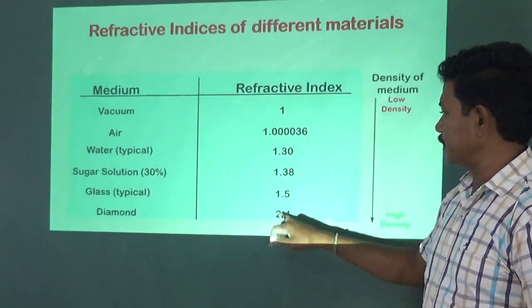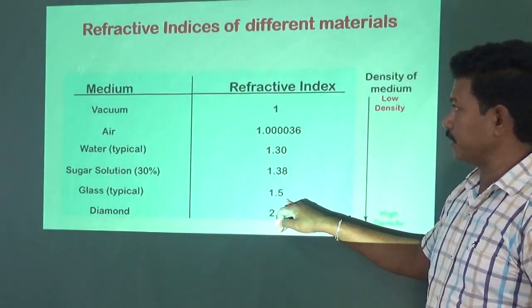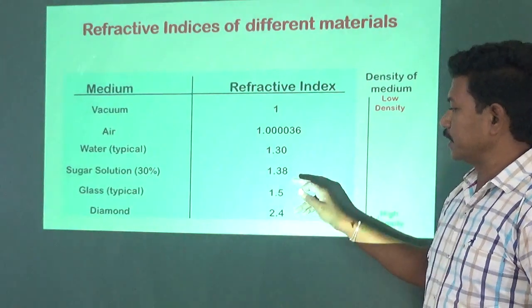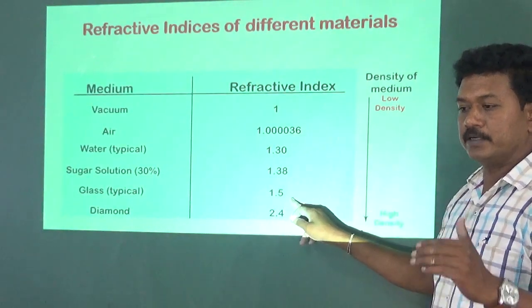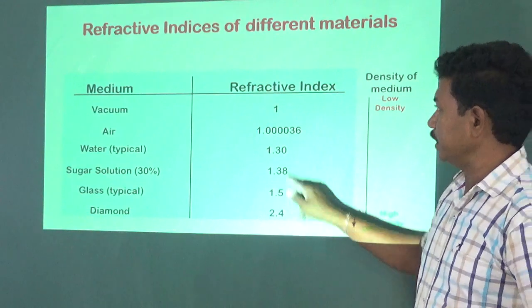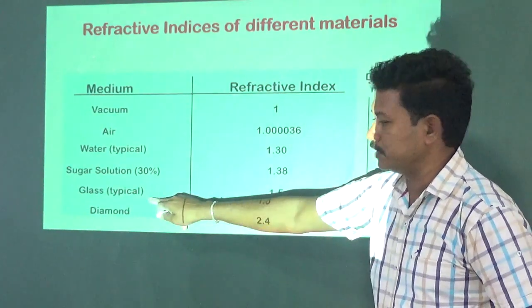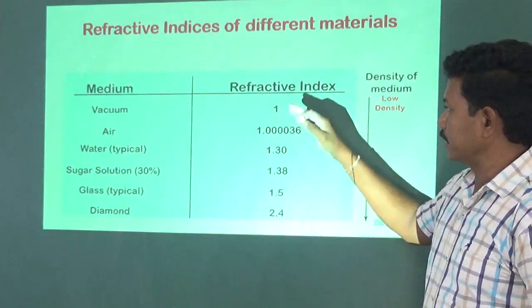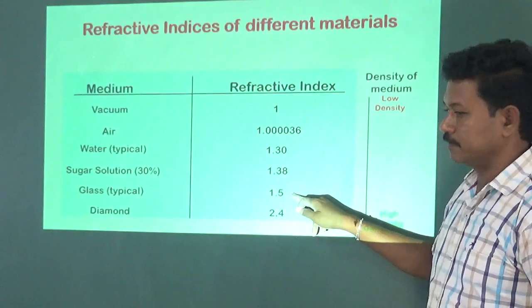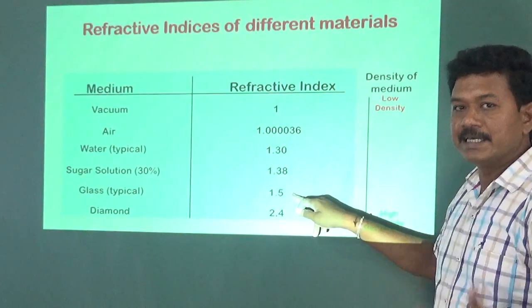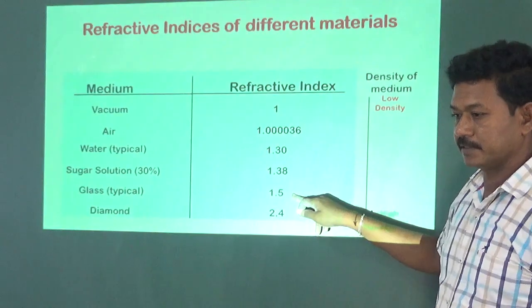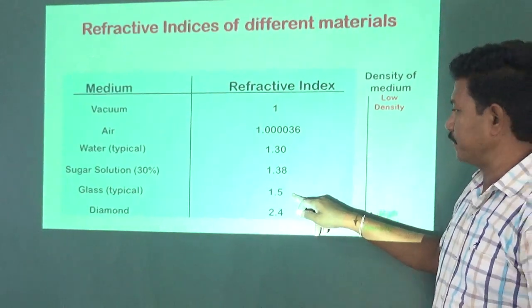Here it's a typical glass with refractive index 1.5. So light can travel 1.5 times faster in vacuum than in this glass. When light enters from vacuum into this glass, the speed of the light decreases by 1.5 times.